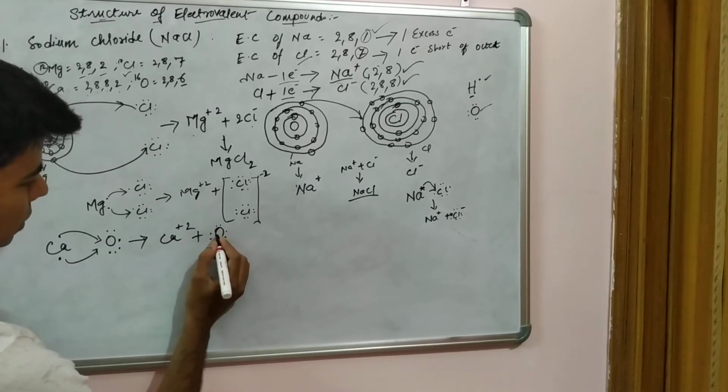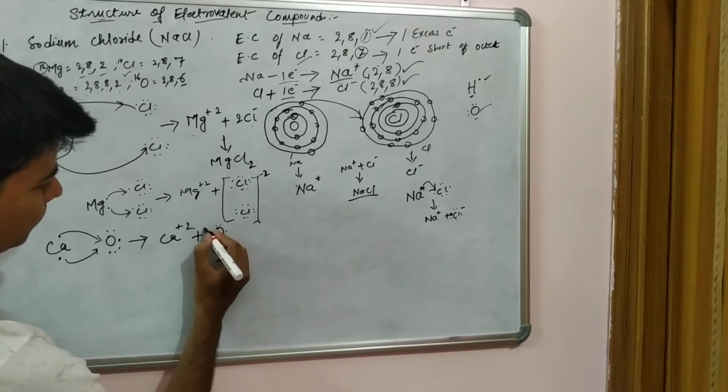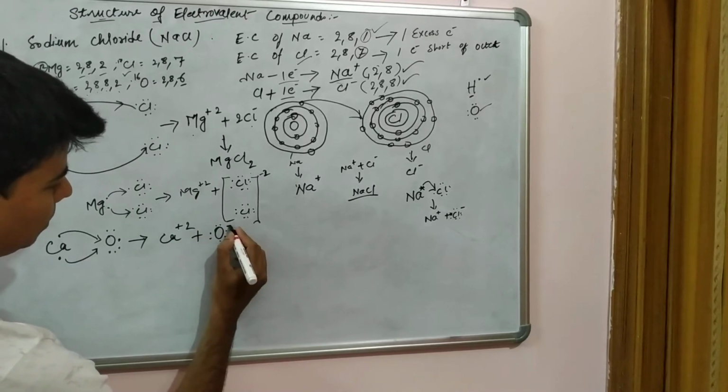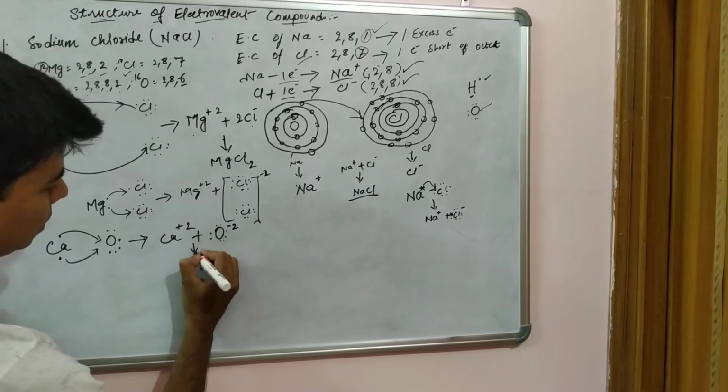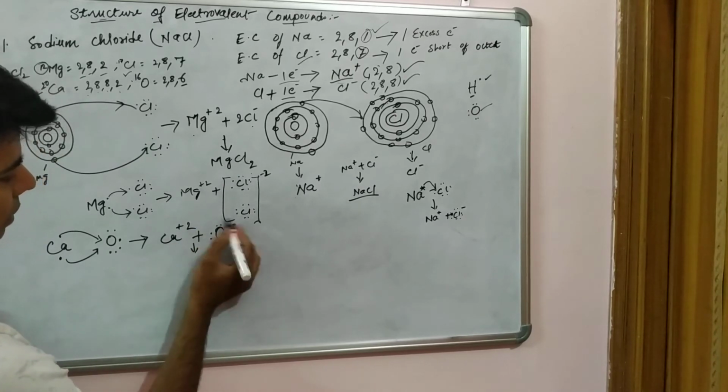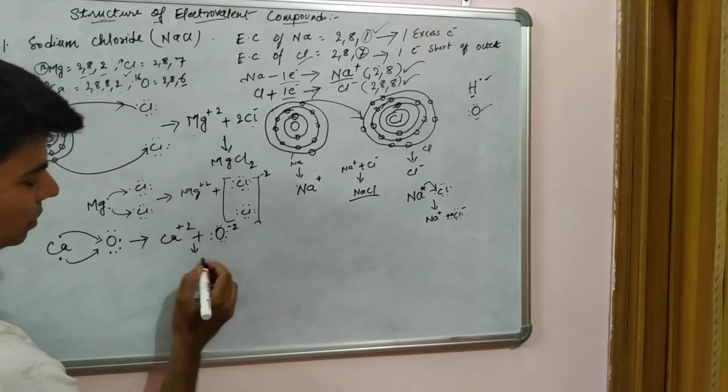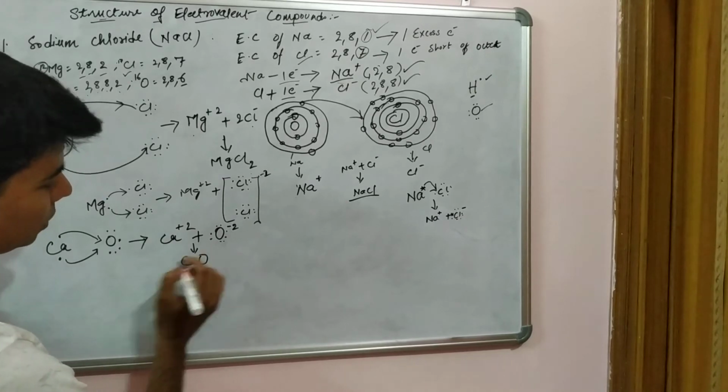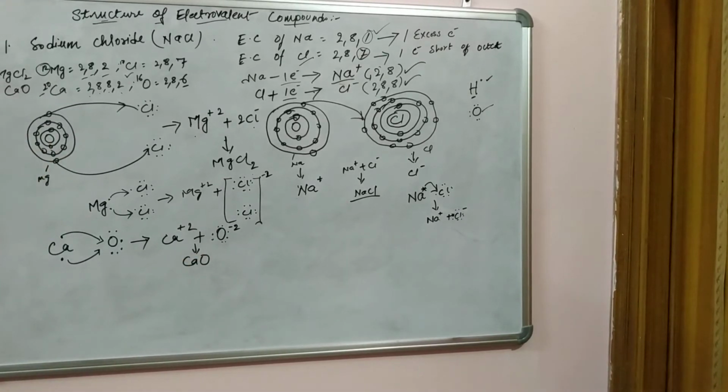These 2 electrons, right? It will develop minus 2 charge. So this is cation, this is anion, high force of attraction between the two, it will form calcium oxide.